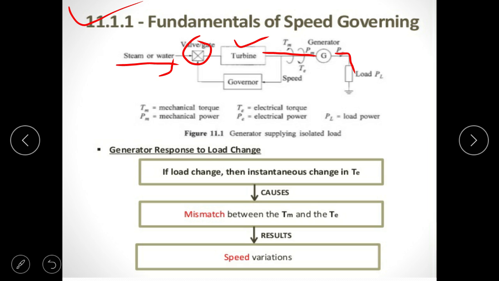When load is constant, input steam or water is also constant. So speed of turbine is also constant, and speed of generator is also constant. So active power generated by the generator is also constant.